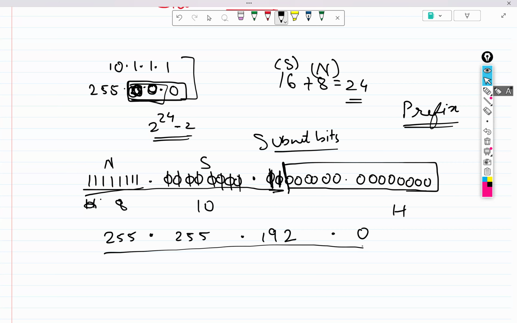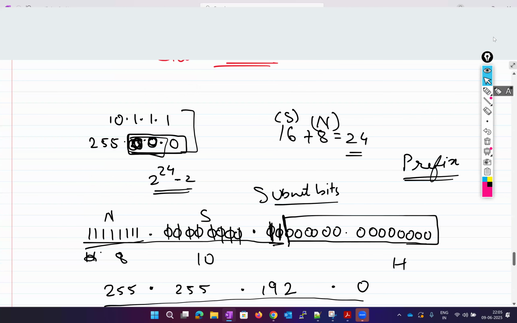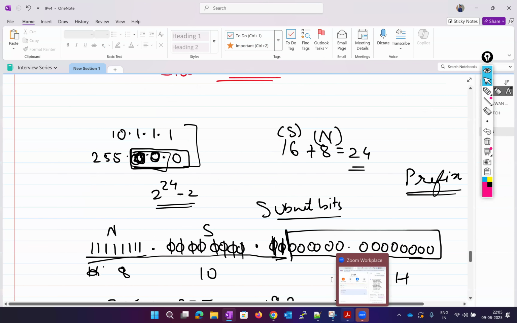Is this clear? How did we get 192 over here? And as I said, in real time, you may see IP addresses where it's not 255, it's some other number. And that other number is from this table only.